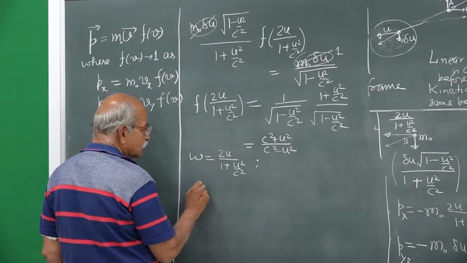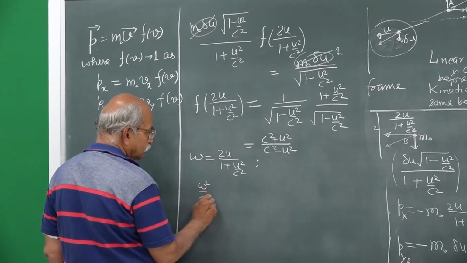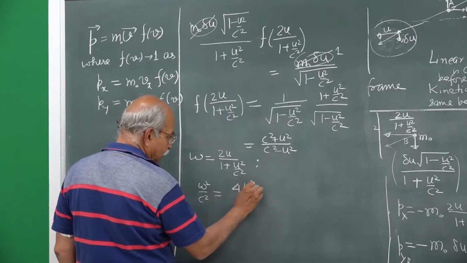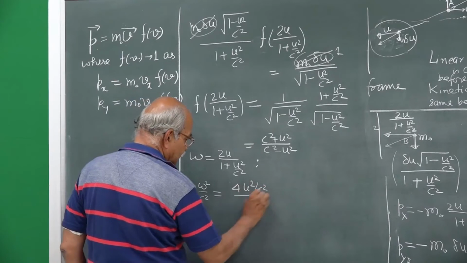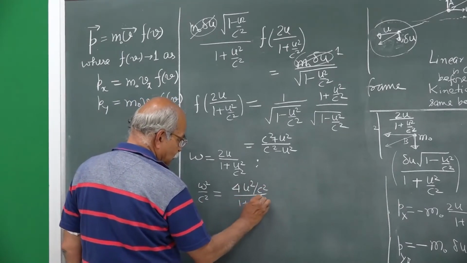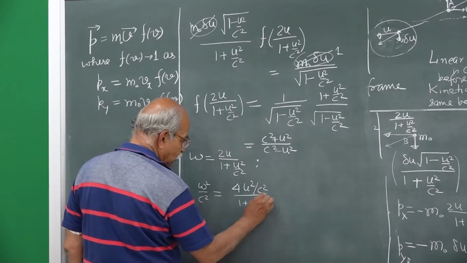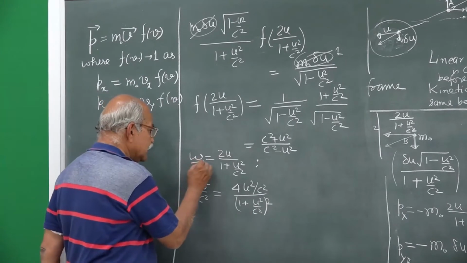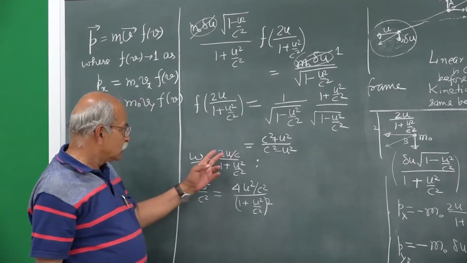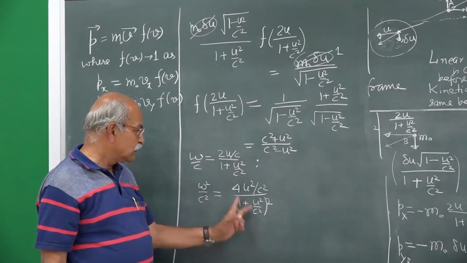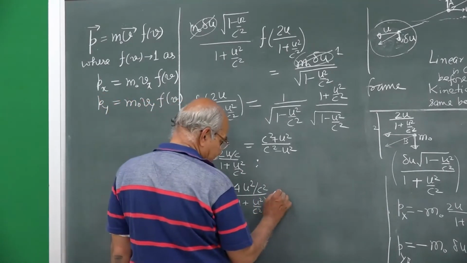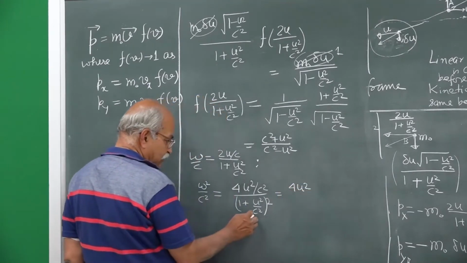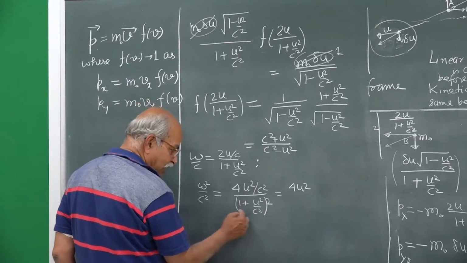Now, let us see what is w square by c square. W square by c square is 4 u square by c square divided by 1 plus u square by c square whole square, right, w by c. So, divide by c, w by c is this, w square by c square. So, 4 u square by c square and whole square of this. So, you can write this as 4 u square, and remember this will be c square plus u square divided by c square.